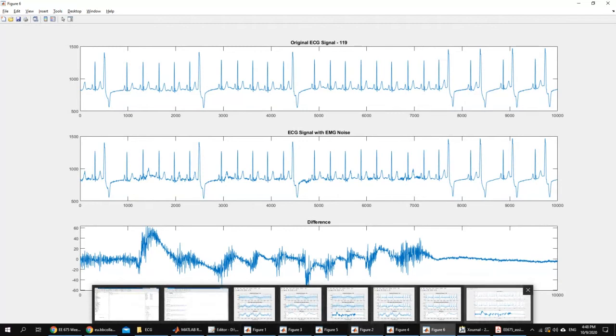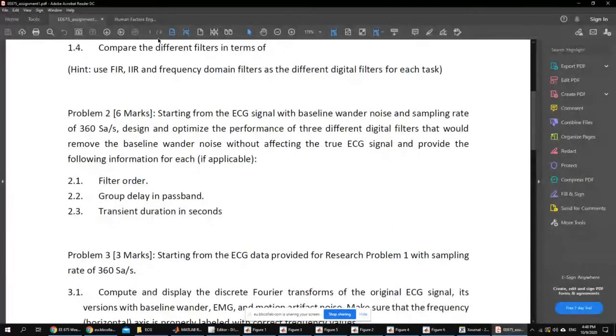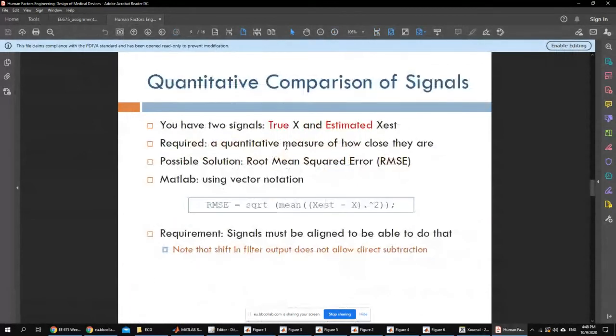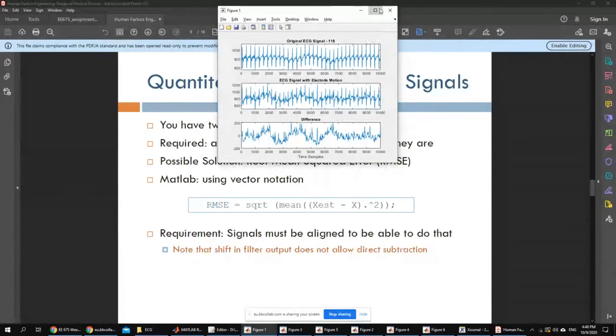But let's now start with the part about the quantitative comparison of signals. Okay, so assume that we have two signals. One of them is the true signal, and one of them is the estimated signal. Now for our problem, we're talking about the reference signal. Let's just show an example here.